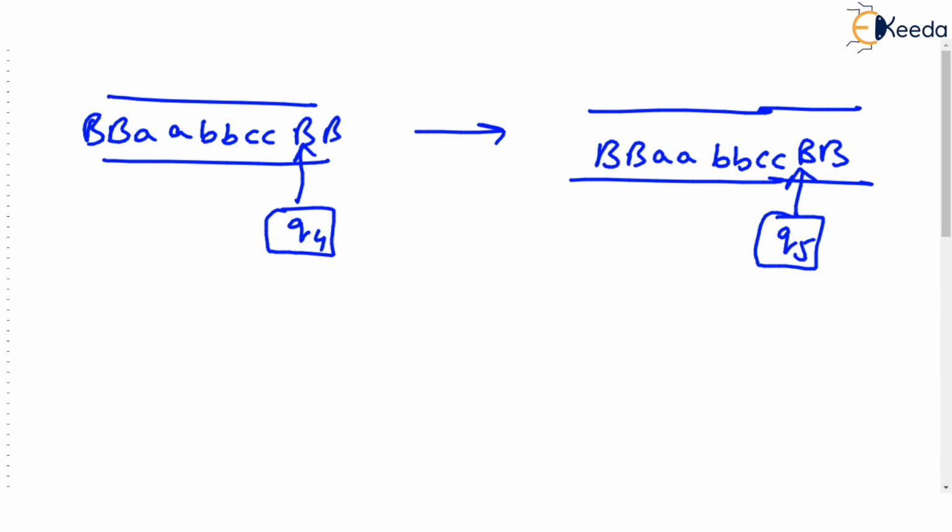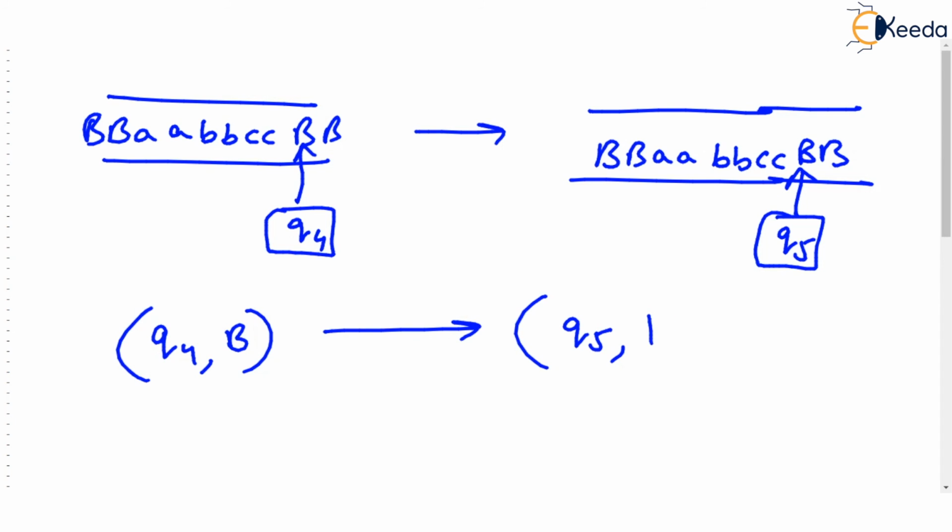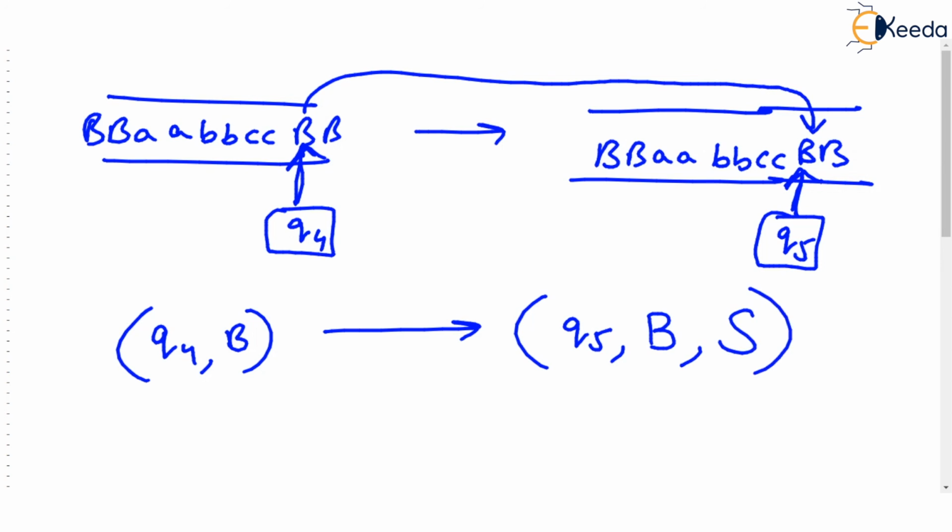Just check. How will you describe this? Q4 was reading B, the blank symbol. This resulted in going to Q5 state, but keeping that blank as blank. See, we have not overwritten blank with anything. But you also see that the head absolutely did not move. The Turing machine decided that the head should be kept stationary, so the last is S over here.